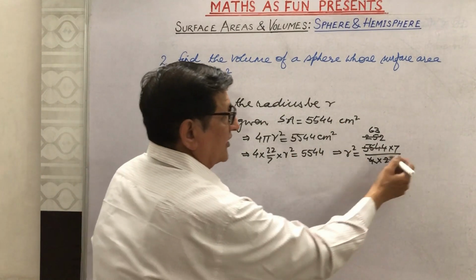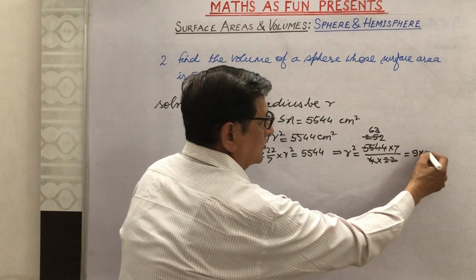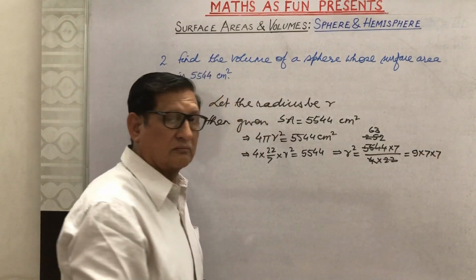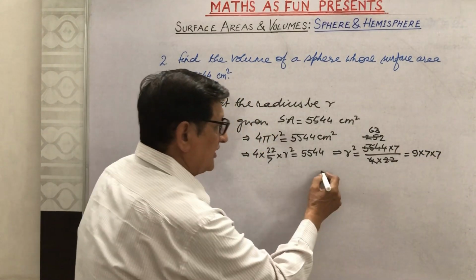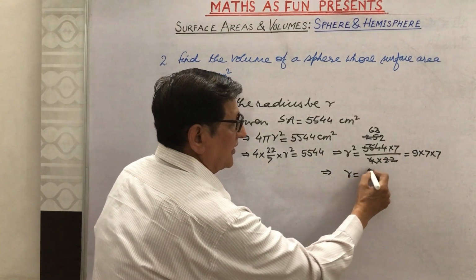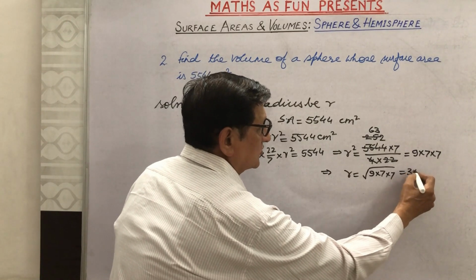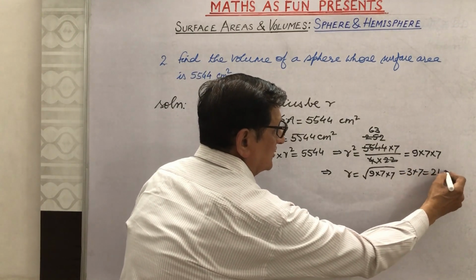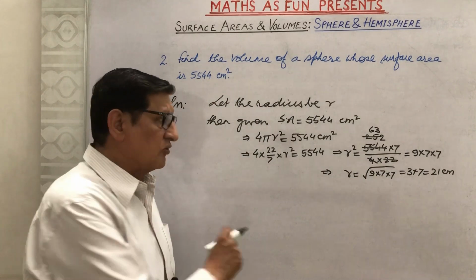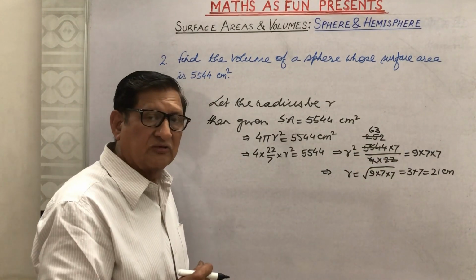It means the value of r square we are getting is 9 into 7 into 7. So the radius r will be given by root of 9 into 7 into 7, which is 3 into 7, or we can say 21 centimeter. We have got the value of radius r as 21 centimeter.